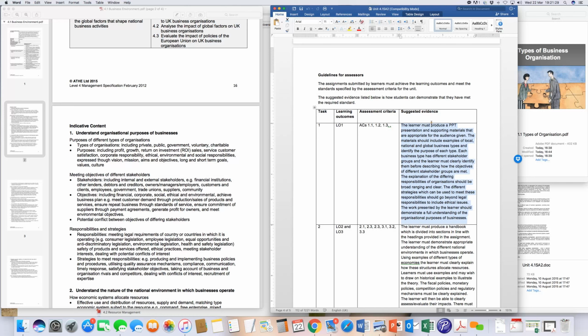So it clearly says, for this task, the learner must produce a PowerPoint presentation. That presentation will need to have supporting material, should cover types of organizations, and should talk about the stakeholders and the different objectives which the stakeholders have within these organizations.